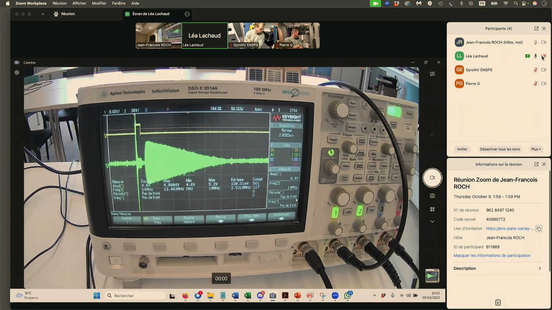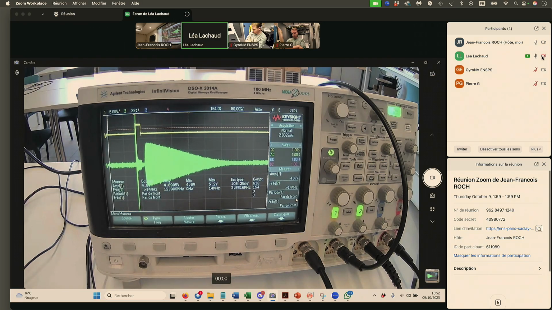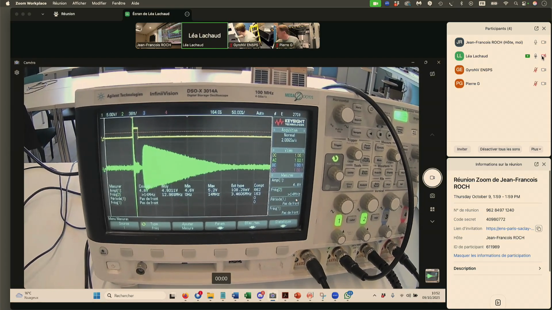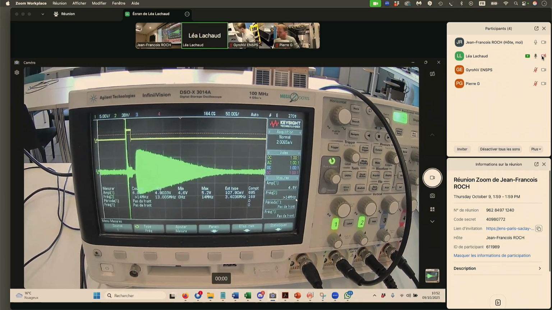You see that removing the spins, removing the liquid, removing the sample doesn't change anything to this early signal. This is really due to internal communication and to the high power amplification in the boxes. Just what Jean-François said. So this is not what reflects our spin response here.